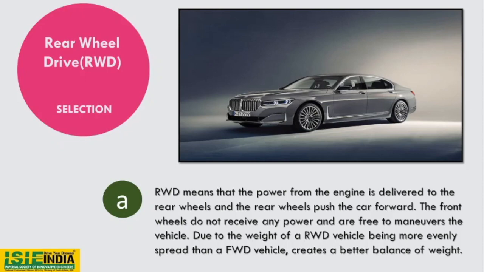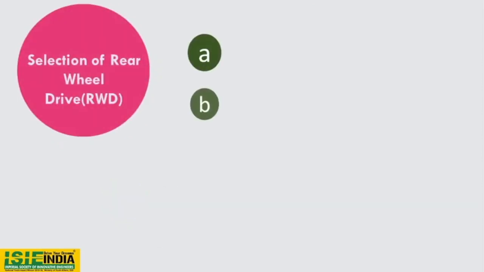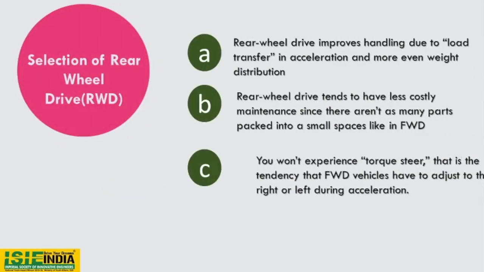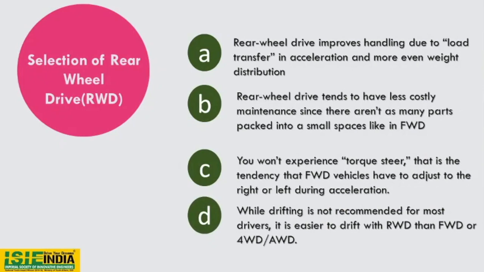If we look at its driveline, it is a rear wheel drive vehicle, and as we have studied earlier, we have a rear wheel drive layout where the engine is located at the front of the vehicle and the driven wheels are located at the rear part. Now let us see why we choose rear wheel drive.